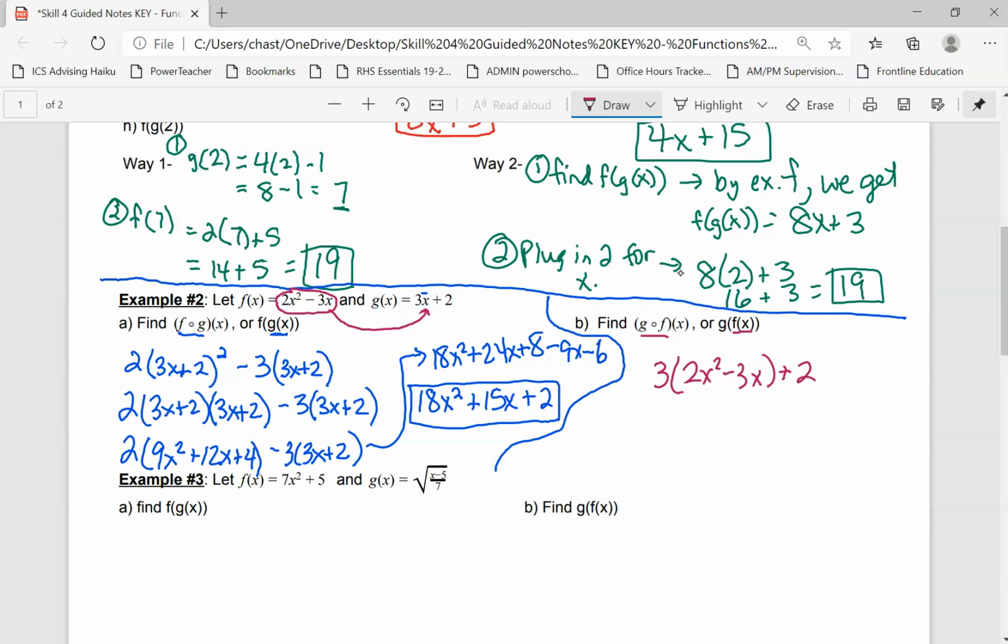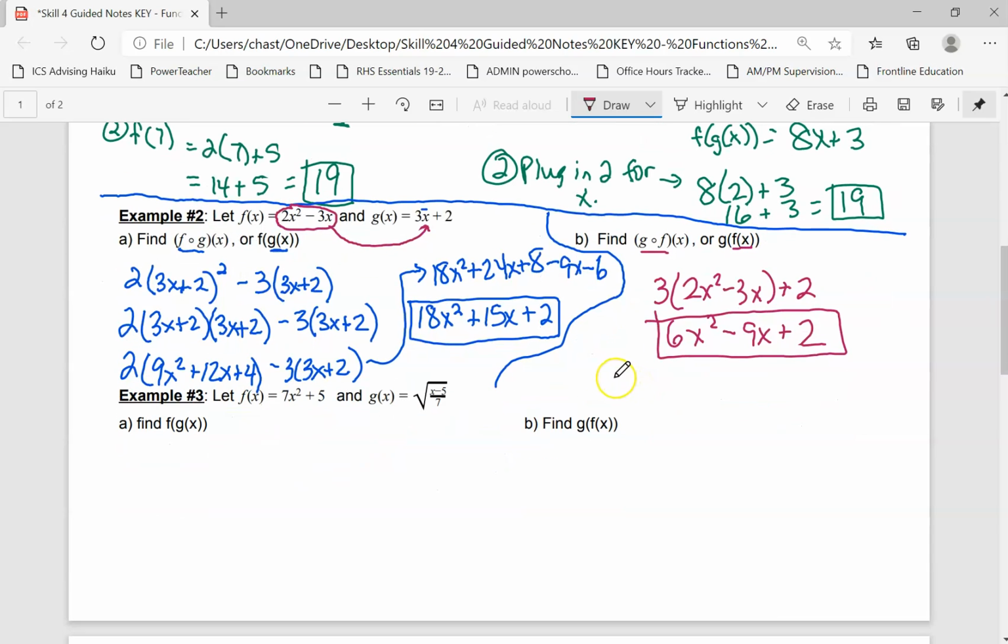Notice here we don't have any squares on our groupings, so we can just go ahead and distribute: 6x squared minus 9x plus 2. No like terms, so that is all we do. So not all the time when you have compositions will they be terrible.